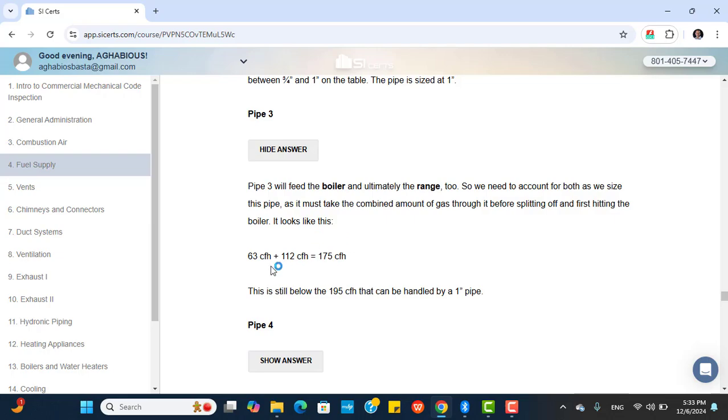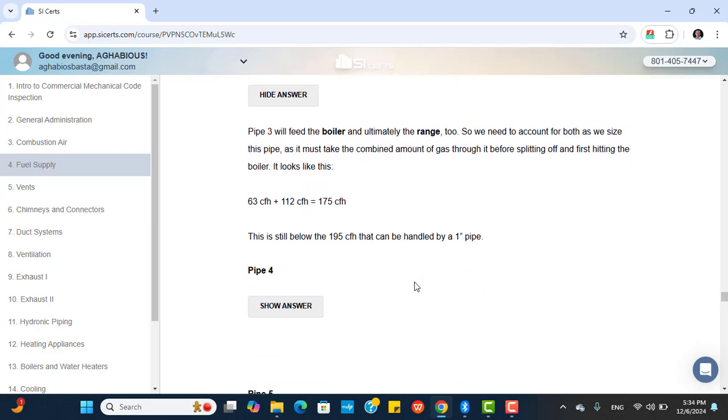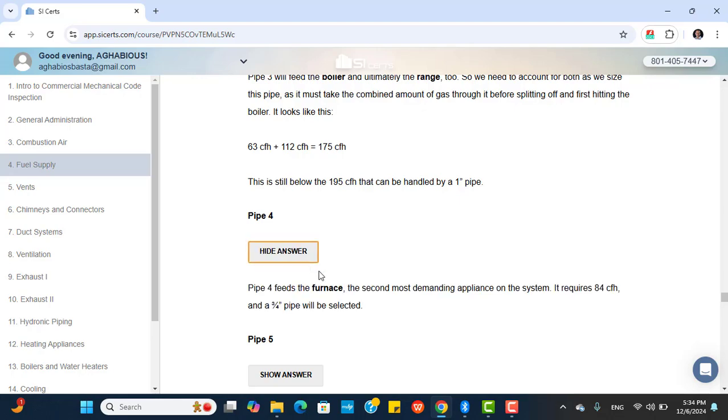It looks like 63 CFH plus 112 CFH will equal 175 CFH. This is still below the 195 CFH that can be handled by a 1-inch pipe.